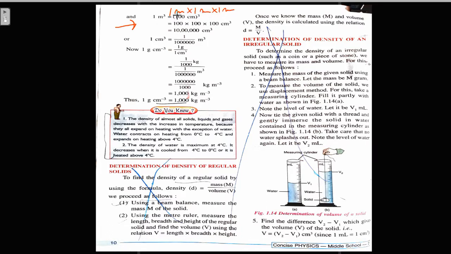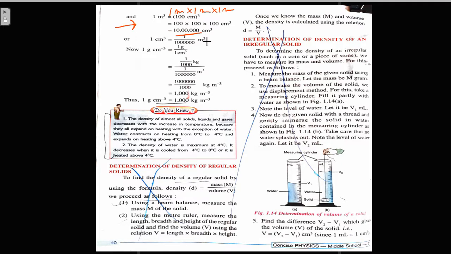Since 1 meter equals 100 centimeter, 1 meter cube equals 10 to the power 6 centimeter cube, so 6 zeros. Or we can write 1 centimeter cube equals 1 upon 10 lakh meter cube.